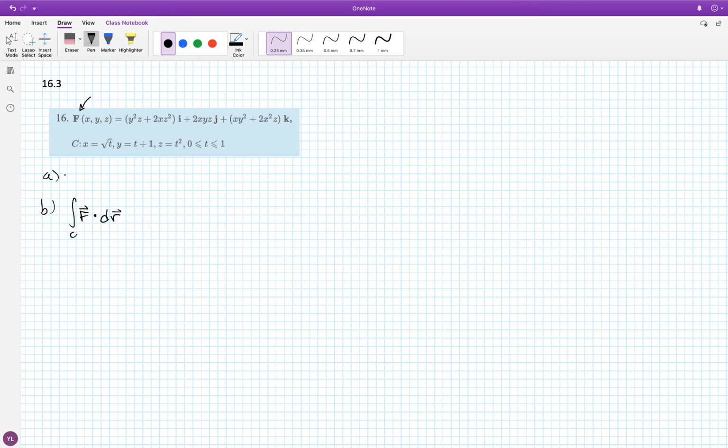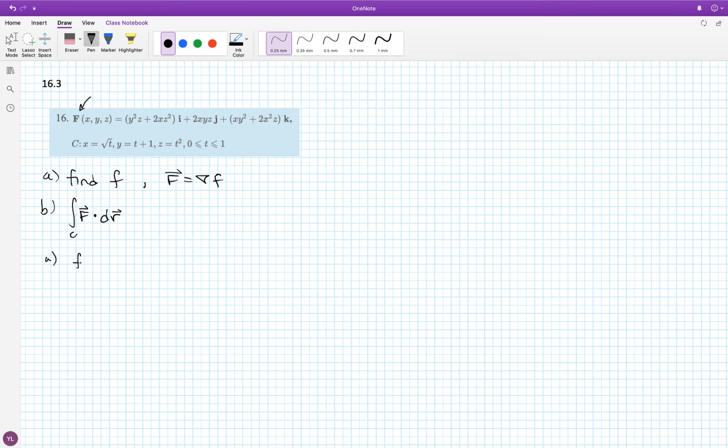So step A is to find a multivariate function so that the vector field is the gradient of that function. And in that case, the fundamental theorem of line integrals says that I can compute this in a fundamental theorem of calculus way. I just take that antiderivative, little f, and plug in the starting and ending points of the curve. So part A is find a function whose gradient is equal to F.